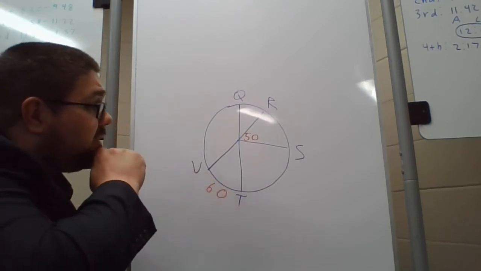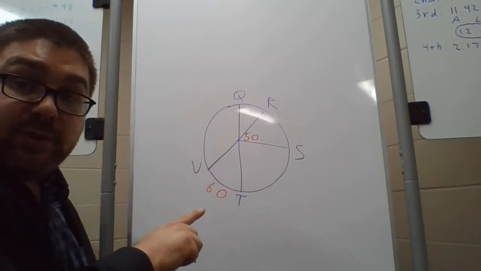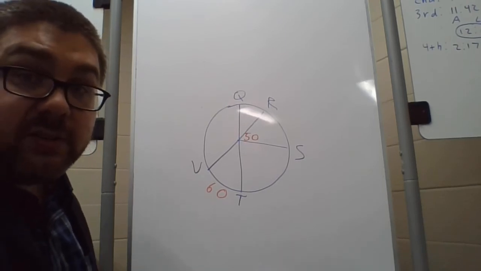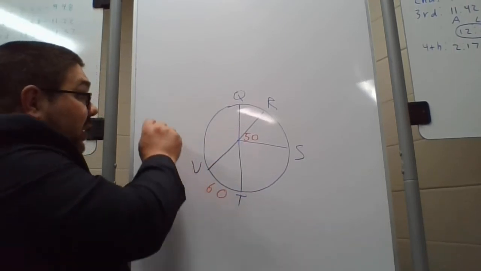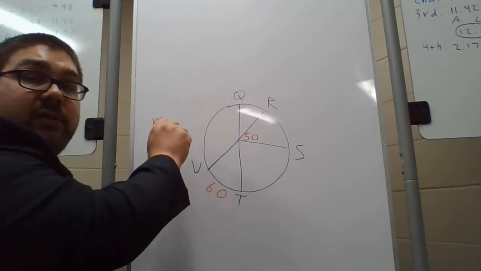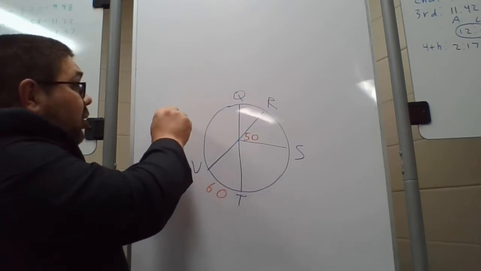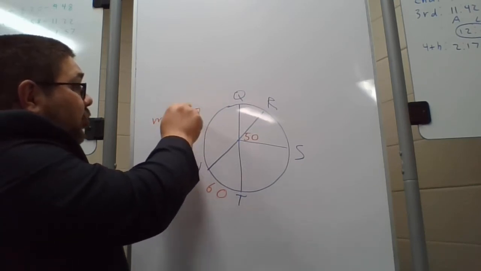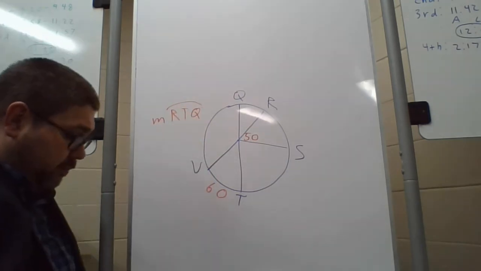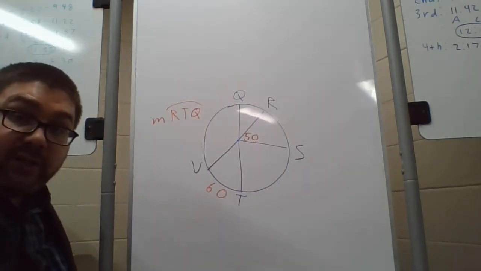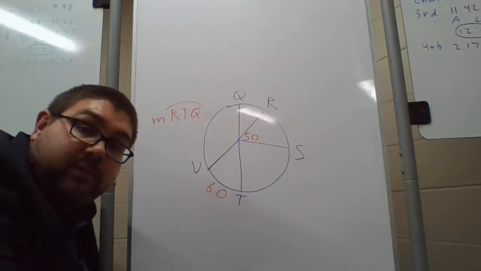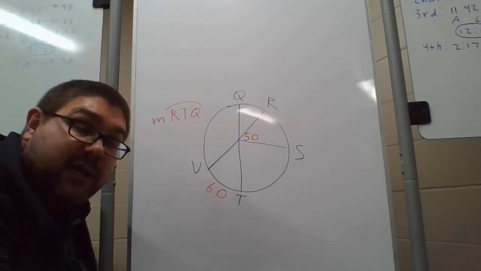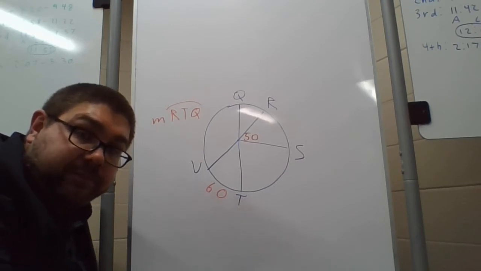Now, you see, we don't have any x's. This is what they want us to find: measurement of arc RTQ. This is number 8 on today's assignment.